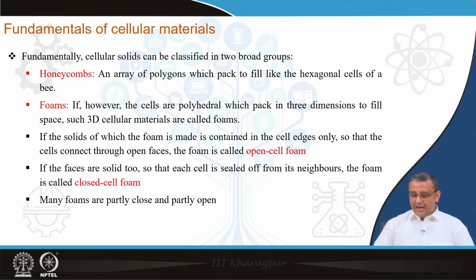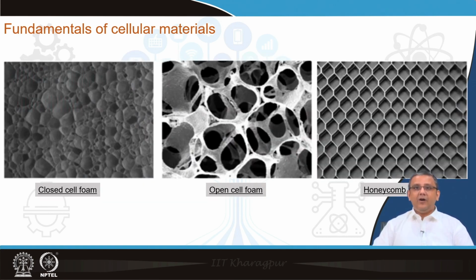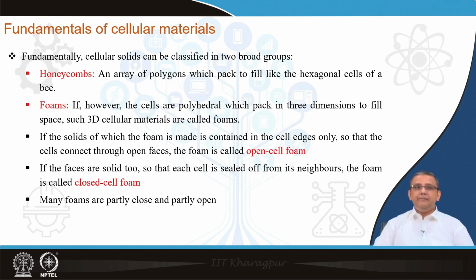Honeycombs are typically defined, as you can see on the extreme right hand side. This is a typical photograph of a honeycomb. A honeycomb is nothing but an array of polygons which fill space like the hexagonal cells of a bee. That means the beehive is a typical example of a honeycomb structure, and you will see afterward that honeycombs are excellent cellular materials and they provide excellent properties if designed properly.